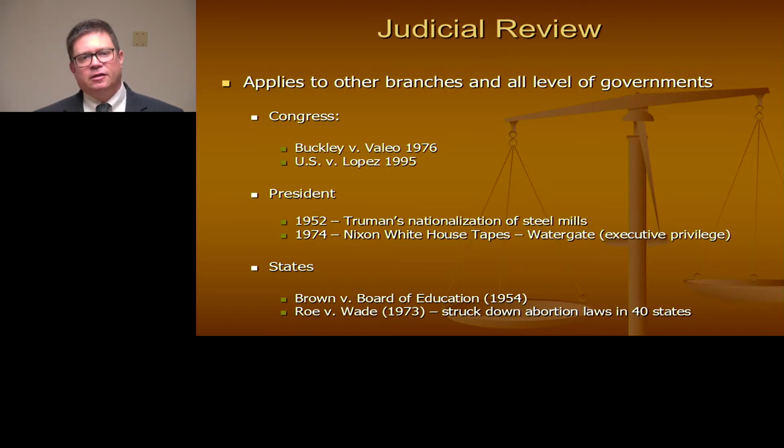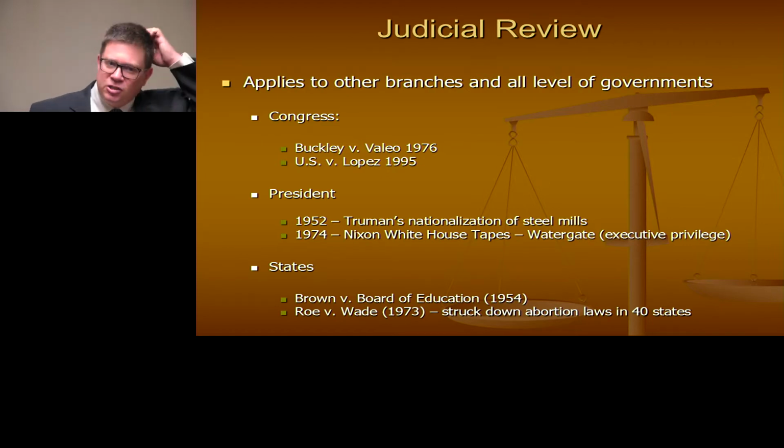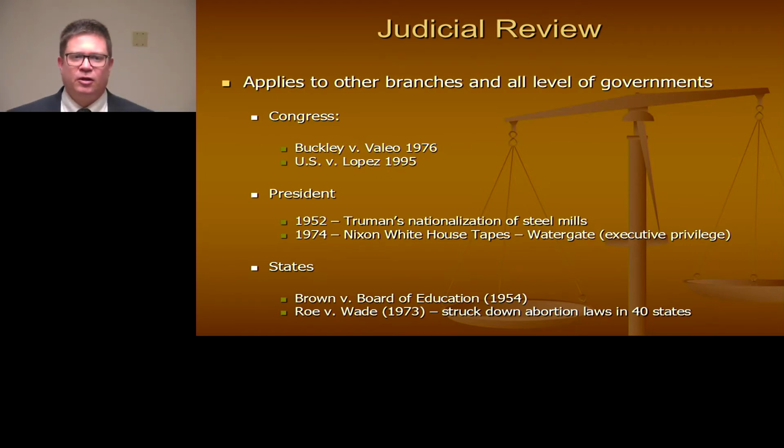So basically, President Truman said, hey, you guys can't get your act together, you know what I'm going to do? I'm going to nationalize the steel mills, because we're in the middle of a national crisis. We're in the middle of a war. Truman takes over the steel mills, the government starts to run them, and the steel mill people were like, hey, wait a second, where do you get the power in the Constitution to do that? And again, the Supreme Court steps in.